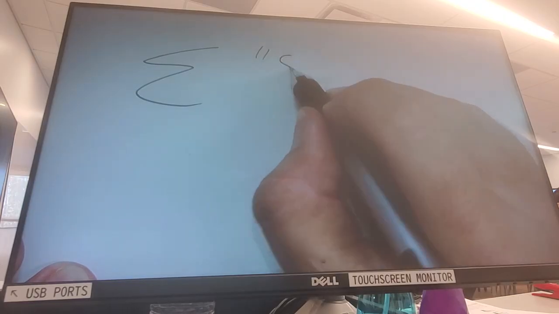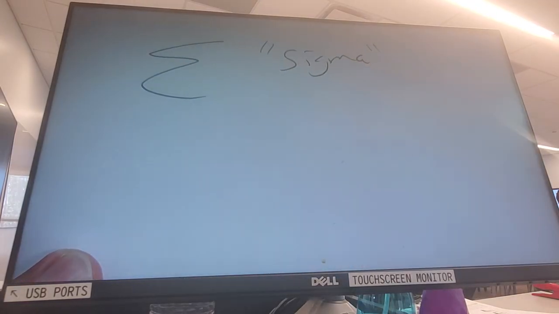Has anyone ever seen that symbol before? Yes, I heard somebody say sigma. So this is the Greek letter S. Math people figured Greek looks like it means business, so let's use Greek symbols to make it look more impressive. It's a sum, the Greek letter S. So we use this for summing stuff up.